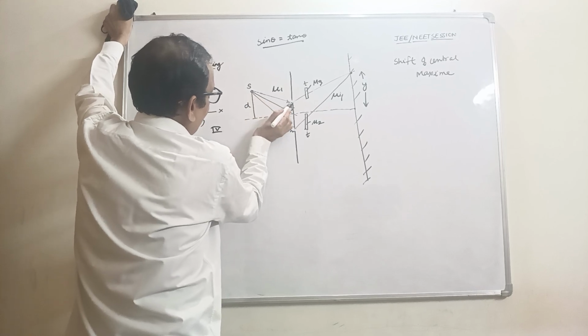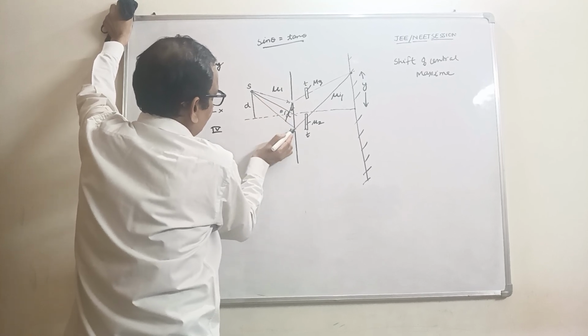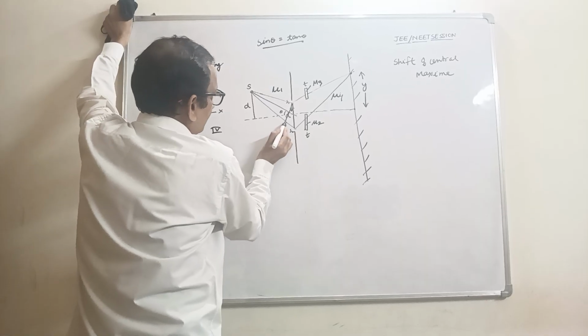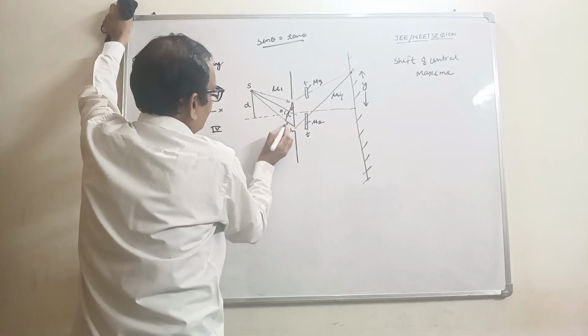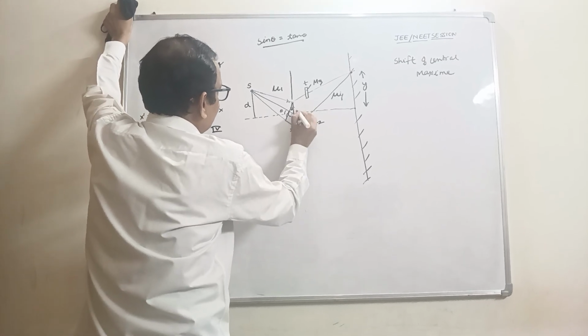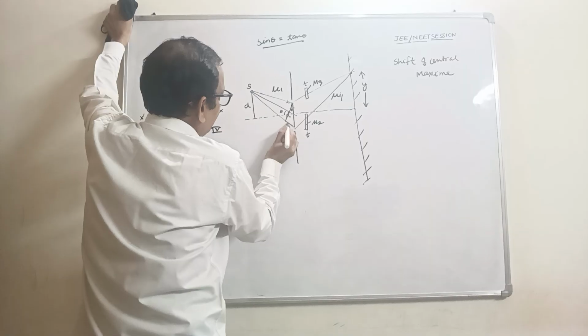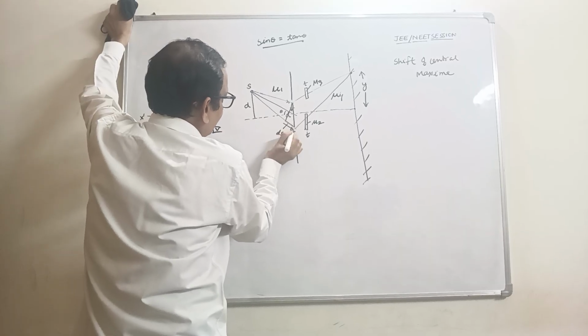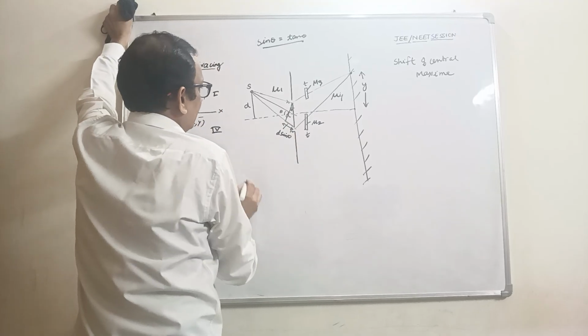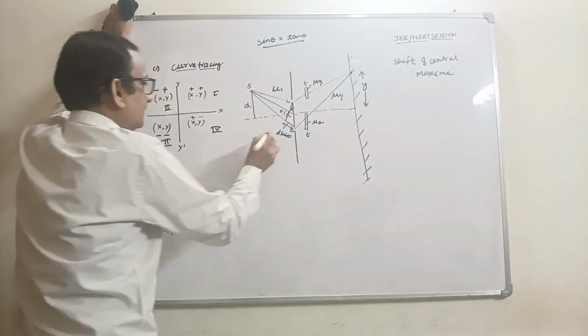This beam travels this distance, and this beam travels this distance. This is more distance. So this path difference would be, with this being d, d sin theta.